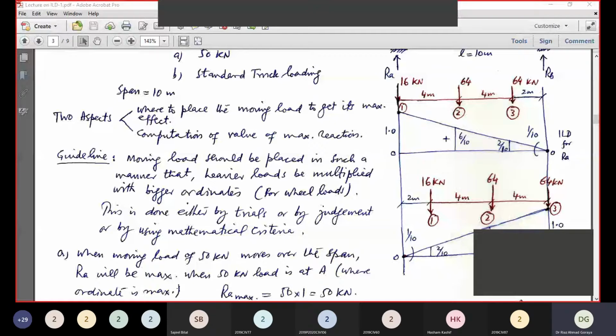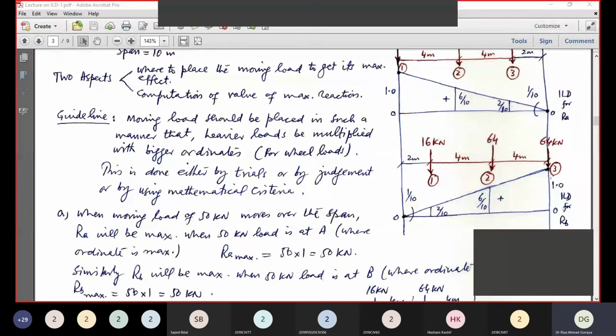Simple is that, so that value will be RA max 50 into 1 is equal to 50 kilonewton. Very simple. And similarly for RB, when the 50 kilonewton is at B, where the ordinate value is 1. So RA and RB will be 50 kilonewton.